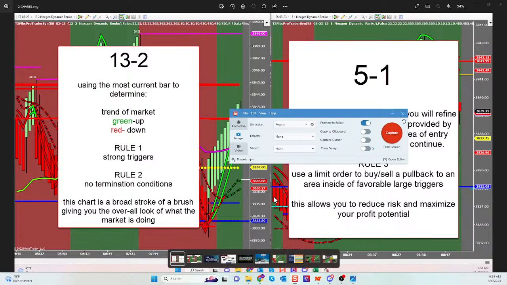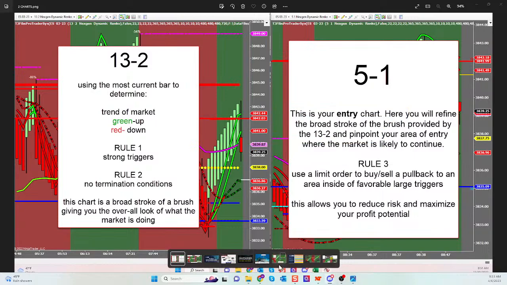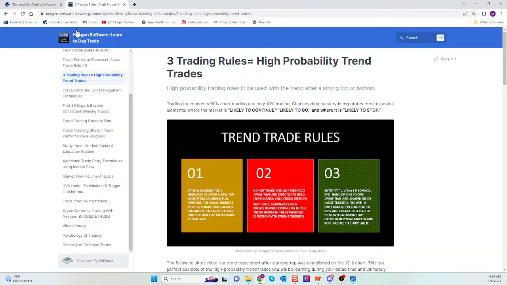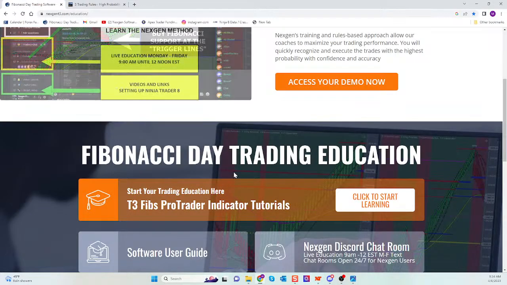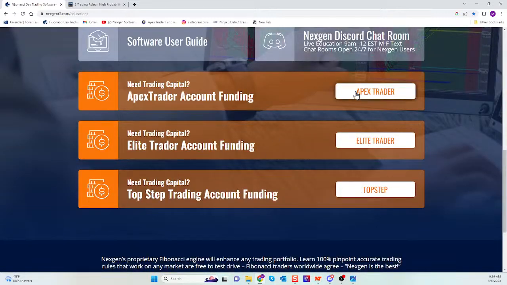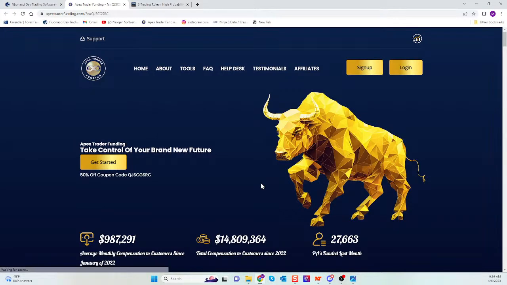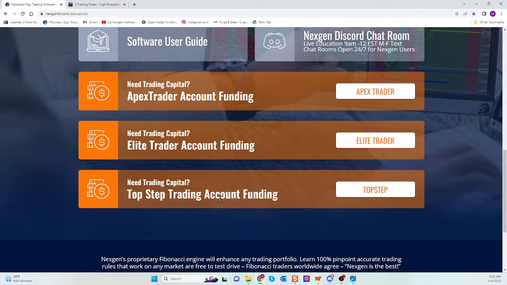So the Apex account, I execute on NinjaTrader 8, which means it's one of those prop accounts, right? That you go through, you pass the test, you do the funding. Yeah. So I execute on 8, but I still do a lot of my stuff on 7 because I'm using both 7 and 8.